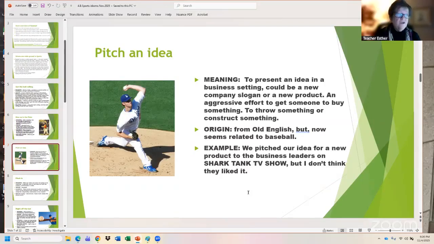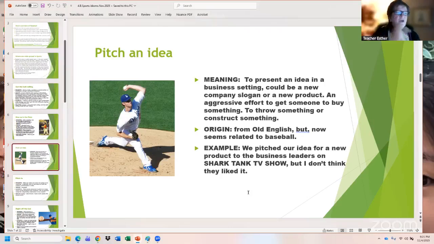So pitch can mean throw or present or an aggressive effort. Origin from Old English, but now seems to be related to baseball. Example, we pitched our idea for a new product to the business leaders on the Shark Tank TV show, but I don't think they liked it.